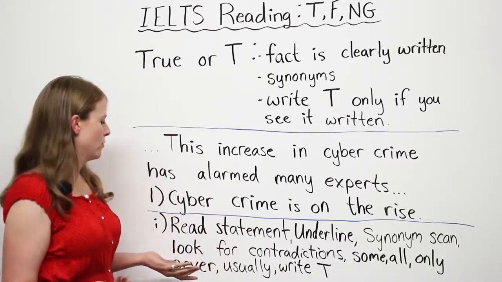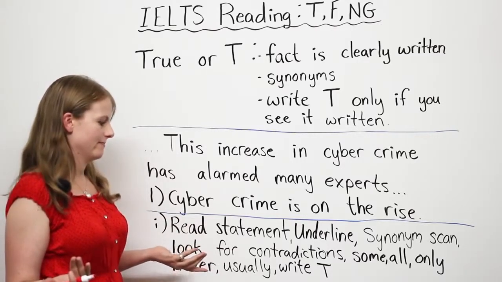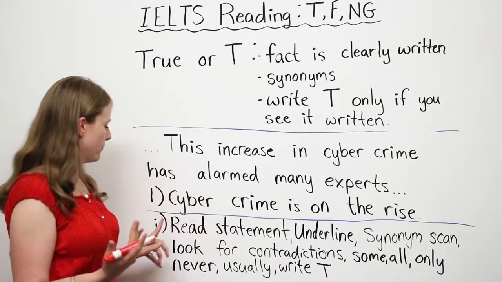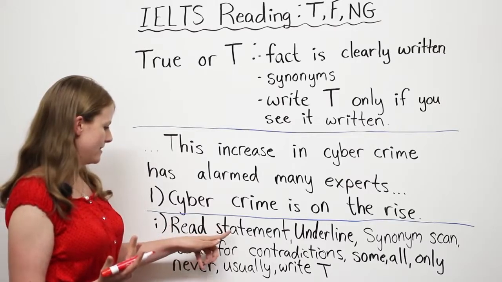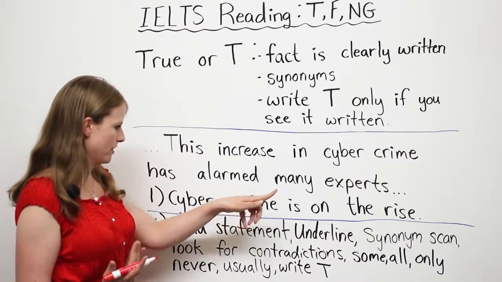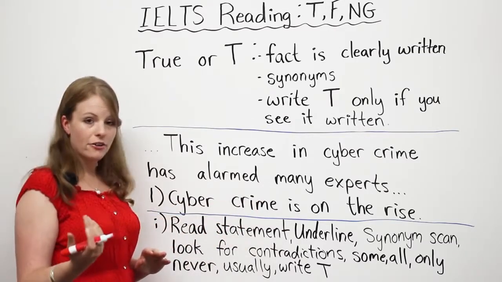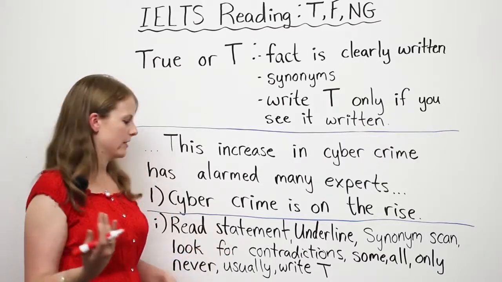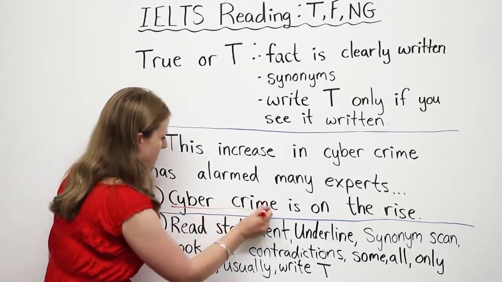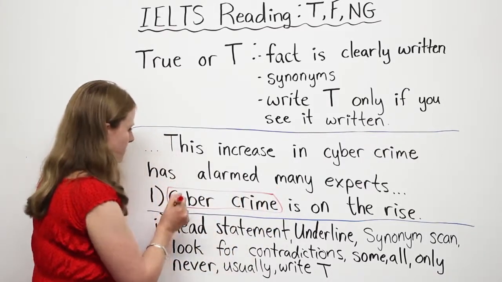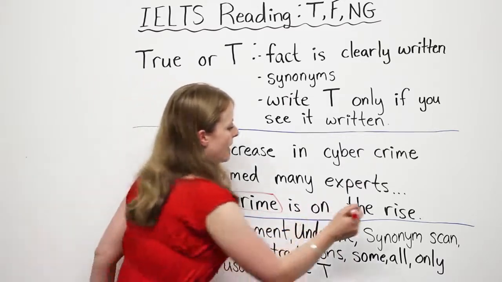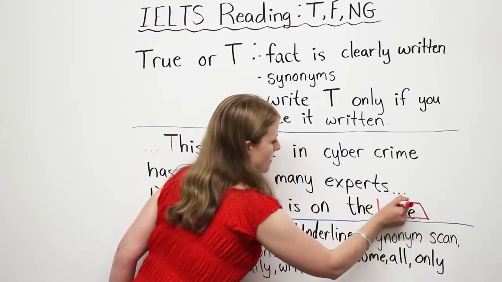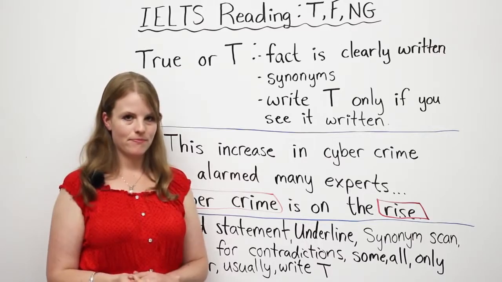So how do you know if it's true, false, or not given? My advice to you is first, read the statement, cybercrime is on the rise. Underline any keywords. Cybercrime, this is a keyword, is on the rise, that's a keyword, okay?